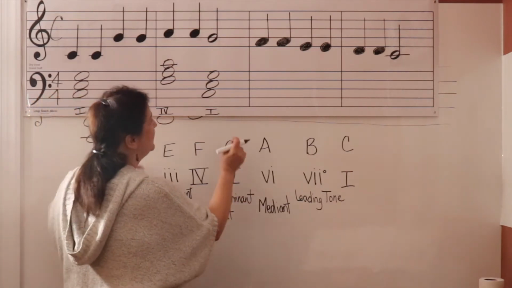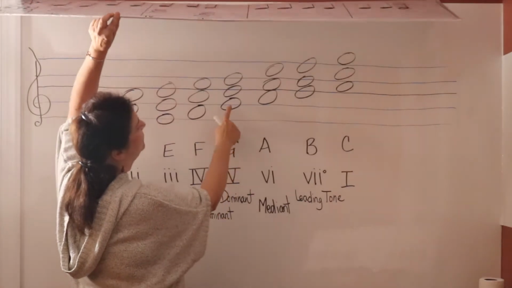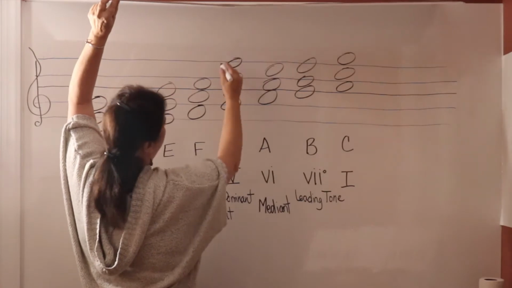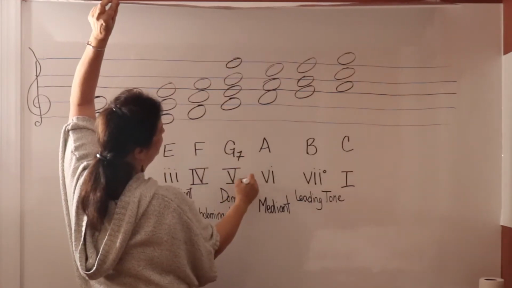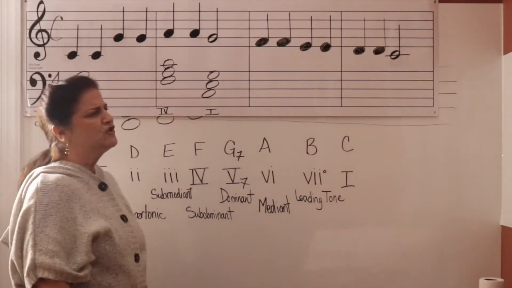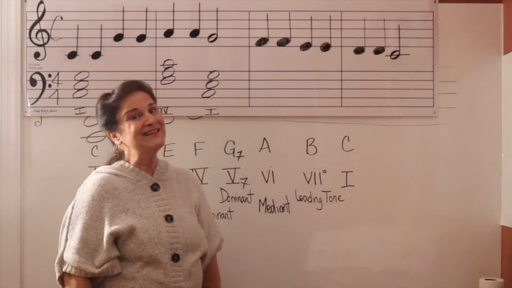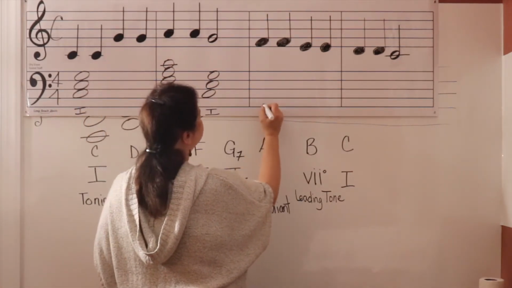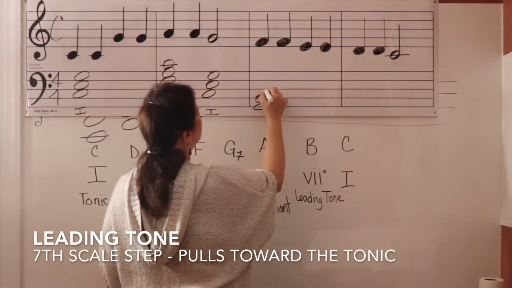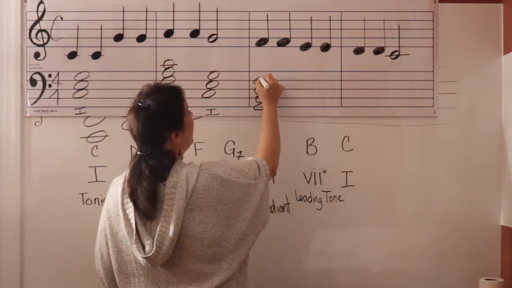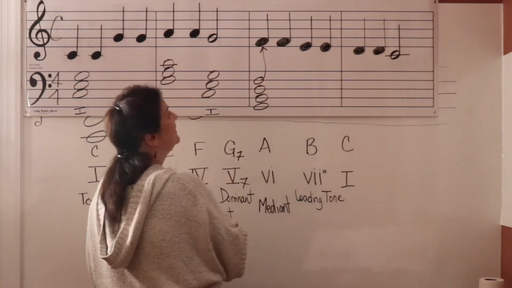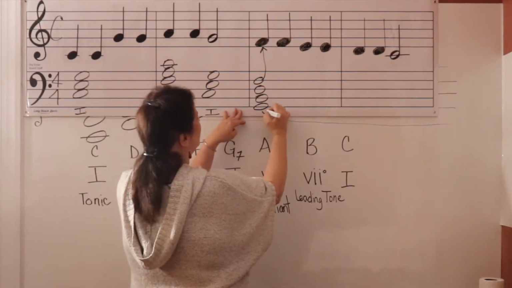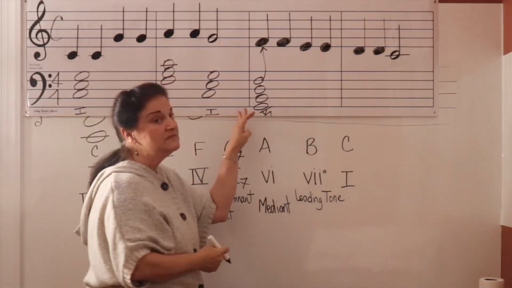If I were to count up 7 notes, 1, 2, 3, 4, 5, 6, 7, it creates a G7, a 5-7 chord, which pulls, because it has the leading tone in it. So if I go to G, G, B, D, and then F, that's F in the treble clef, and I play that and sound the 5-7 chord with that, it should blend.